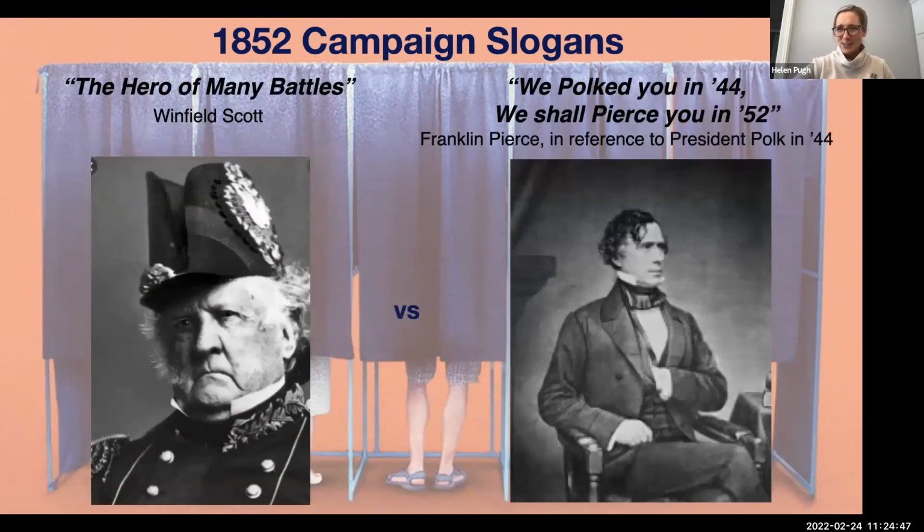I just love looking at these photographs, okay, of our former presidents and ones that ran against them. So this is 1852. And again, all of these photographs, I know his hat, isn't that fantastic? I might have voted for him just for his hat. That's not a good reason to vote, but it is a great hat. All right, so we have in '52, "The hero of many battles" for Winfield Scott.